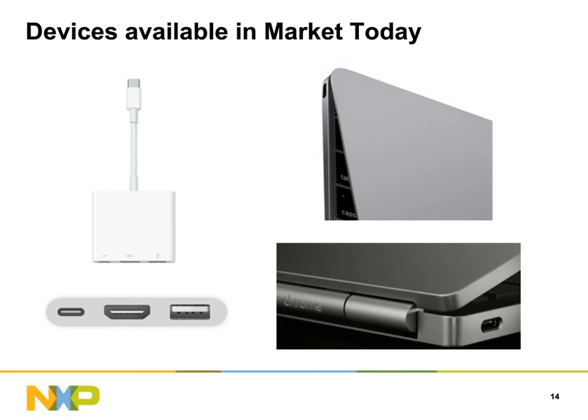Again, going back to what devices are available in the market, there are a couple of notebooks out there today that already have USB Type-C ports on them, and they're available in the market today that you can go purchase today.